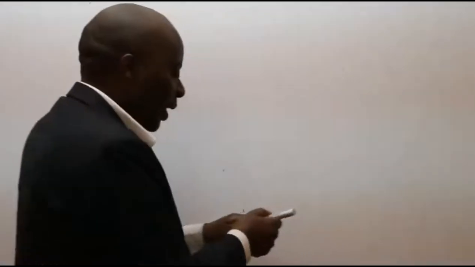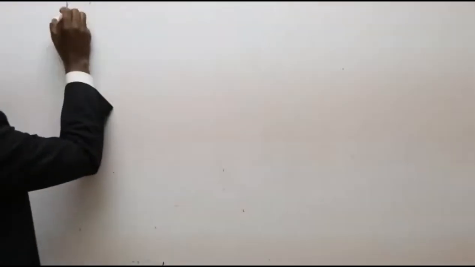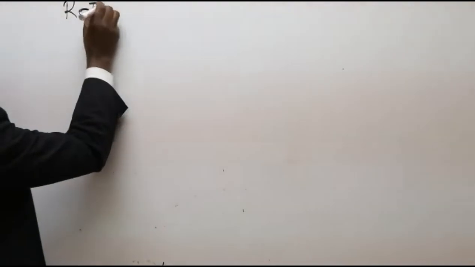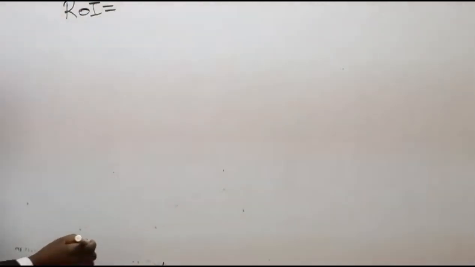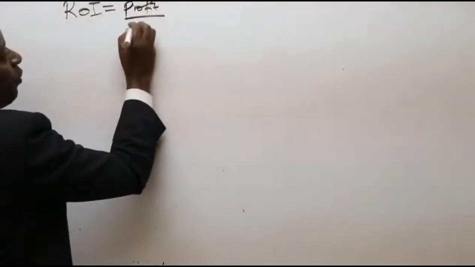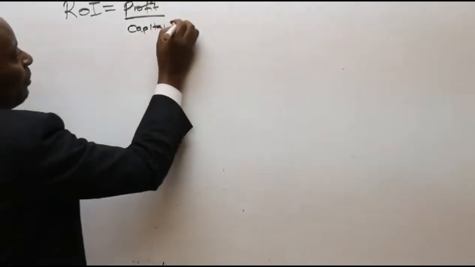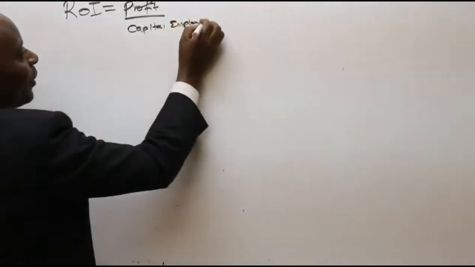And then, of course, you will be required here to remember that generally, to get ROI, how do we get ROI? To get ROI, generally, we take profits over capital employed. Profit over capital employed times 100.